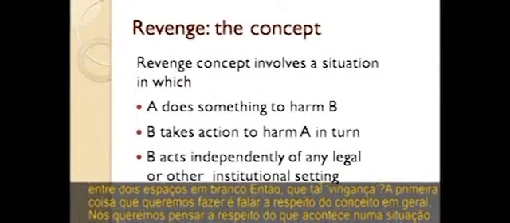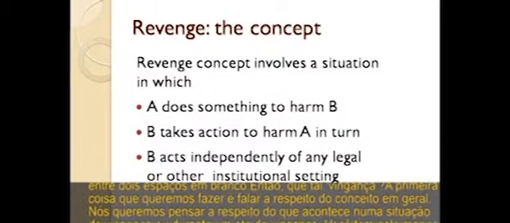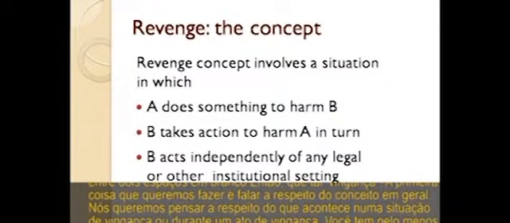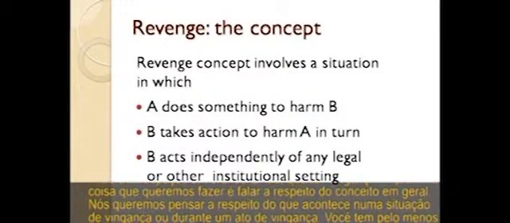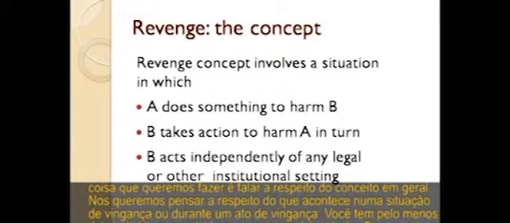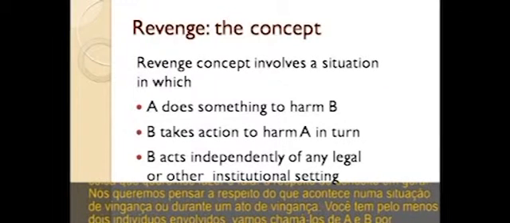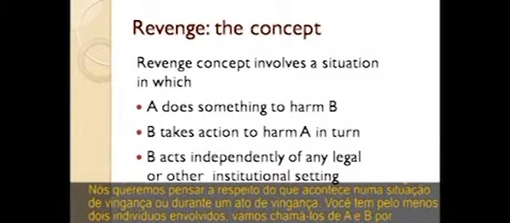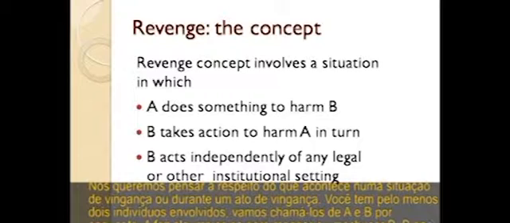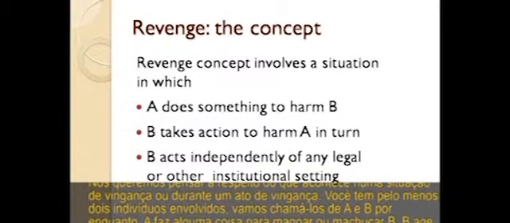So how about revenge? The first thing we want to do is talk about the concept in general. We want to think about what happens in a revenge situation or during an act of revenge.